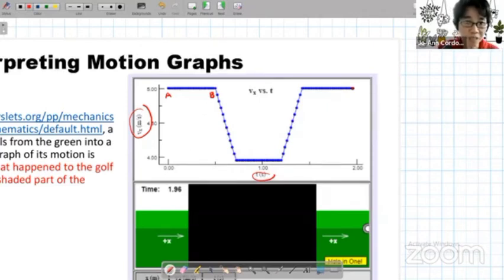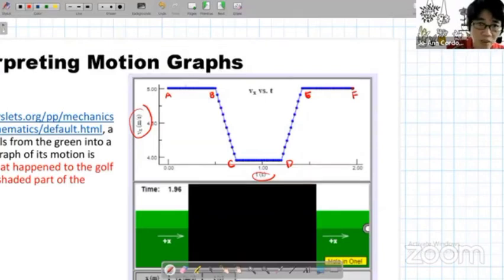But from point B to C, the golf ball experiences a deceleration, and then from point C to D, the golf ball experiences a constant velocity. And then from D to E, the golf ball experiences an acceleration again. And then from E to F, the golf ball experiences a constant velocity again.